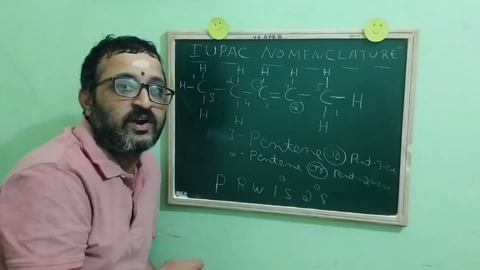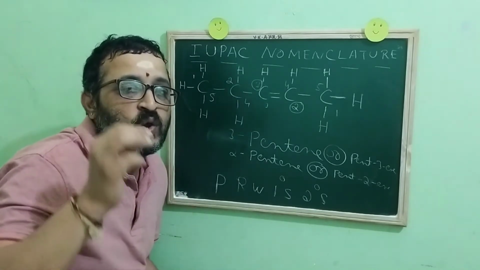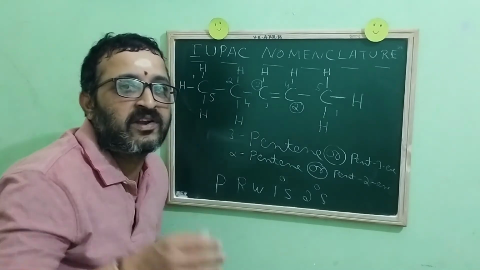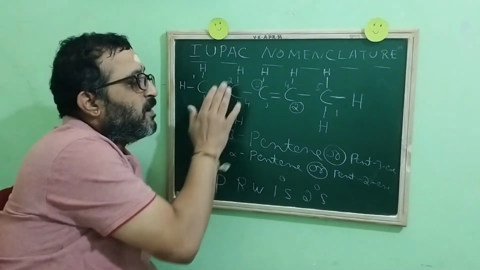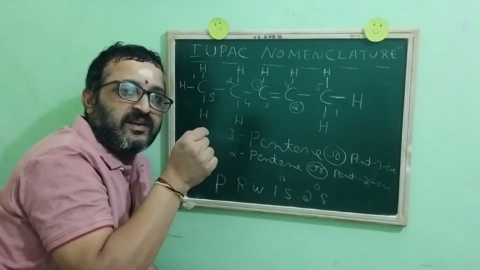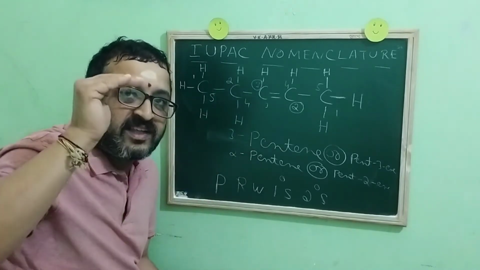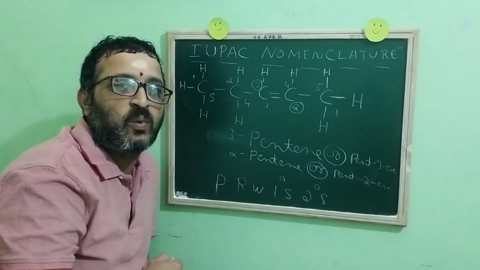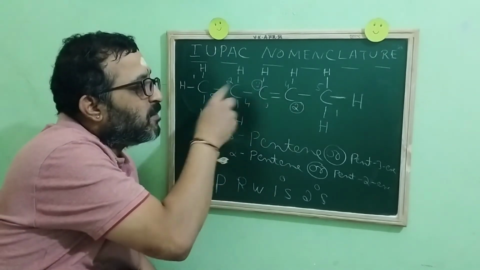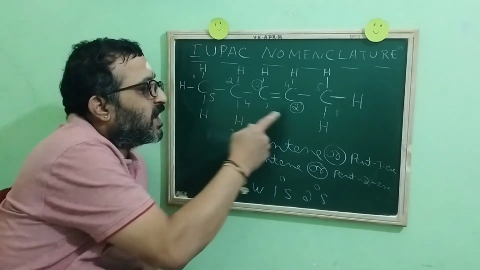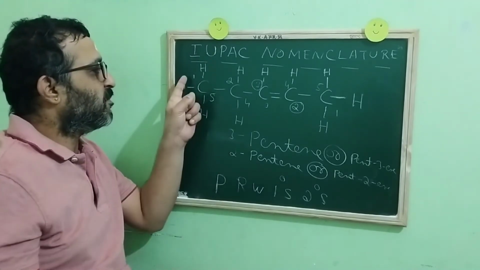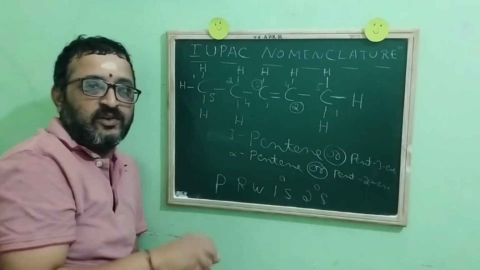Children, there is one rule called as lowest what? Number for the functional group. That is, the numbering has to be done in such a way that the carbon atom to which double bond is attached, that carbon has to be assigned with the what, children? Lowest number. So based on that, by numbering in which direction the carbon to which double bond is attached is getting a lower number? I am asking left to right or right to left.